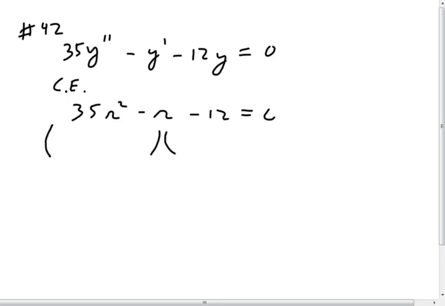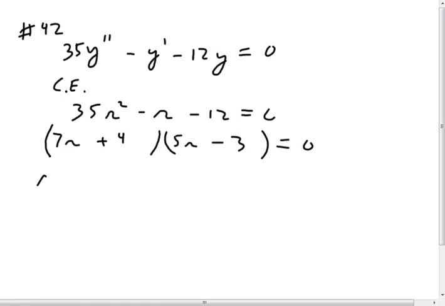That factors into (7r + 4)(5r - 3), and I had plus 4 minus 3 is 0.